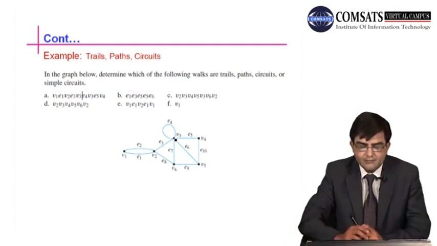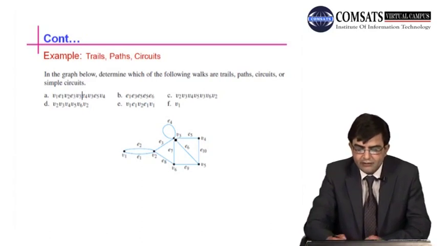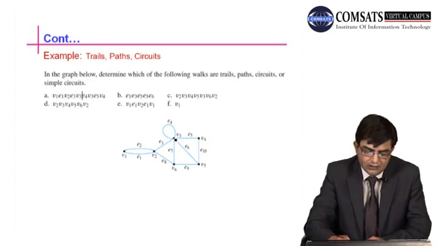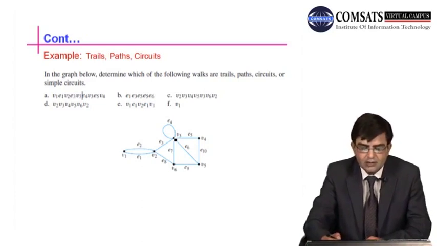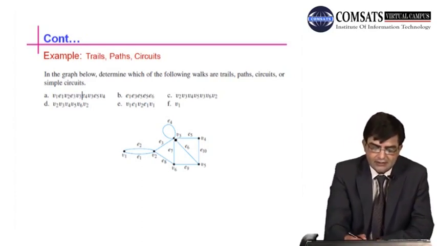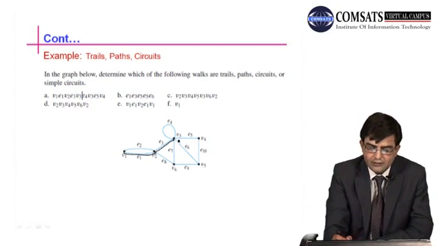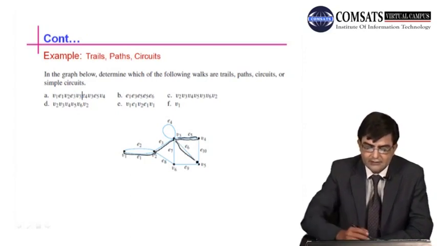Next, in part B, we have E1, E3, E5 and E5 again. We reach here and we come back here, and then E6. So this is E1, E3, we go E5 here and then we come back, E5 again, and then E6.